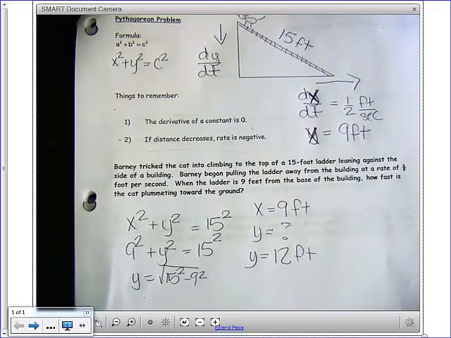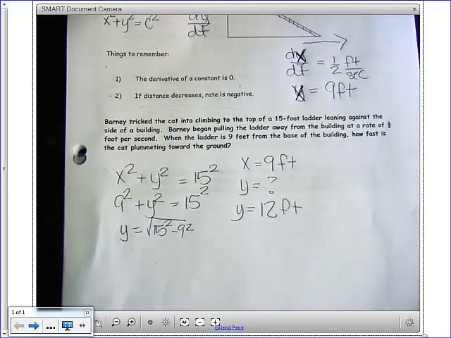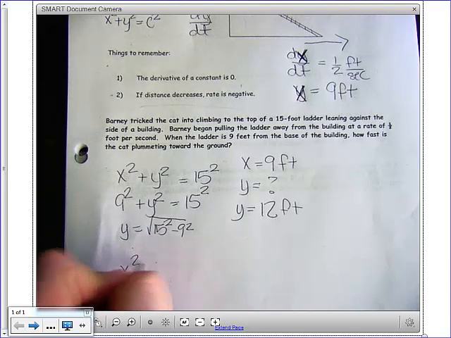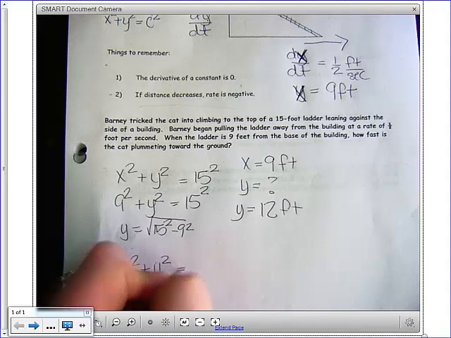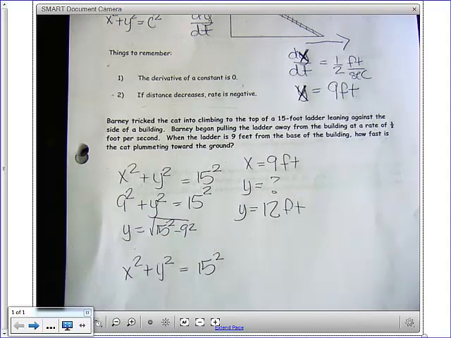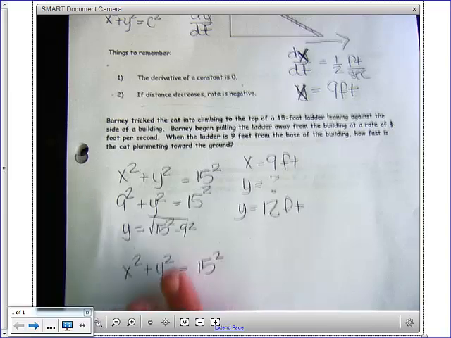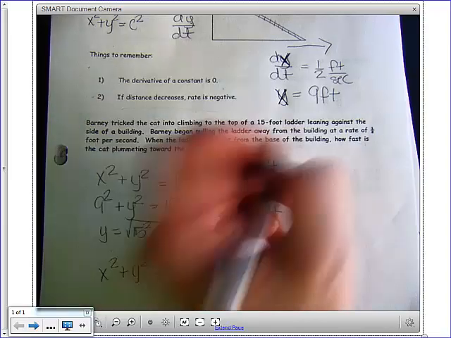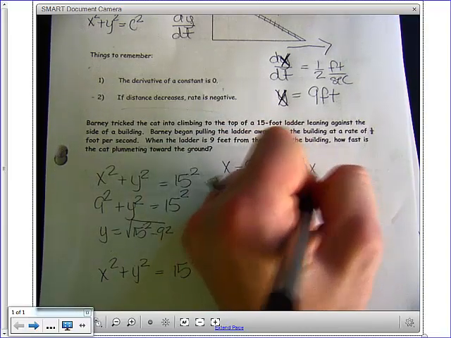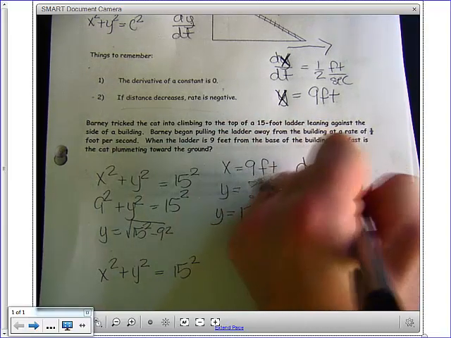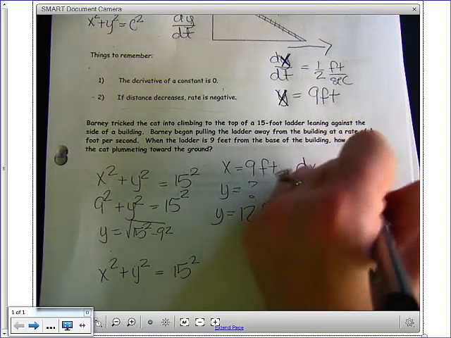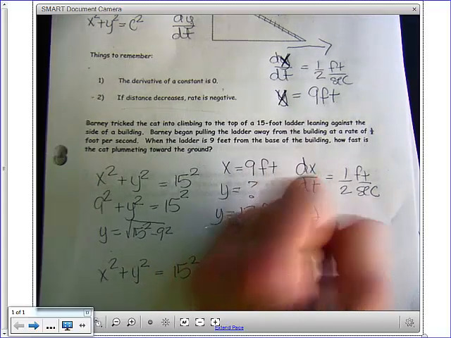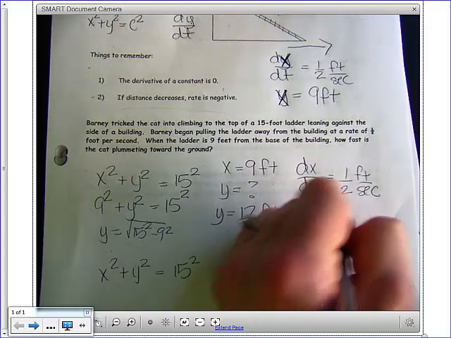So the first thing I'm going to do is go back to my formula. It is x squared plus y squared equals 15 squared. Take the derivative. Okay? And what's the other information I know? I know dx/dt is half a foot per second. And I want to know dy/dt.